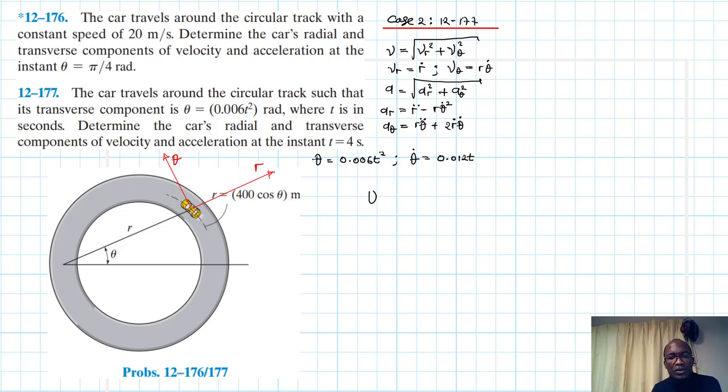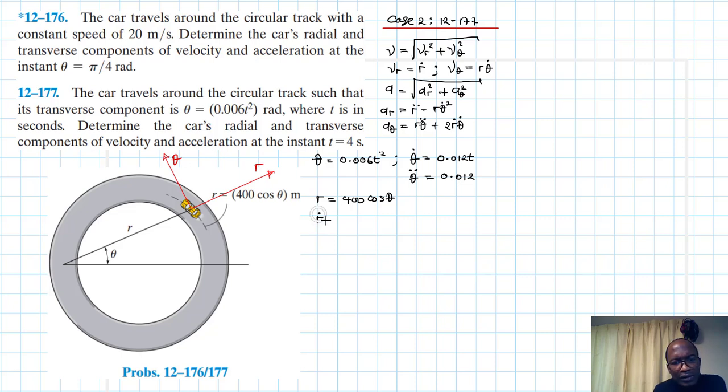This is d theta dt, which is 2 times 0.006 t. Then we also know that theta double dot is just equal to 0.012. Then we have r equal to 400 cos theta.